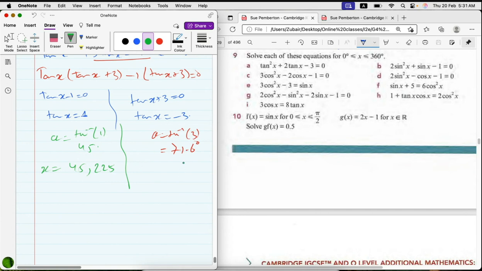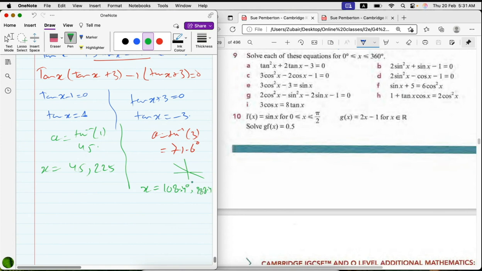And we knew it was negative, so tan is negative in second and fourth quadrants. So x equals 180 minus 71.6, which is 108.4, and 360 minus 71.6, which is 288.4.